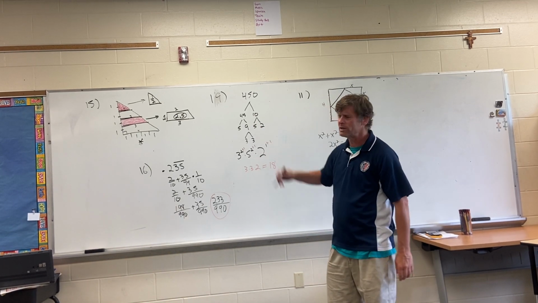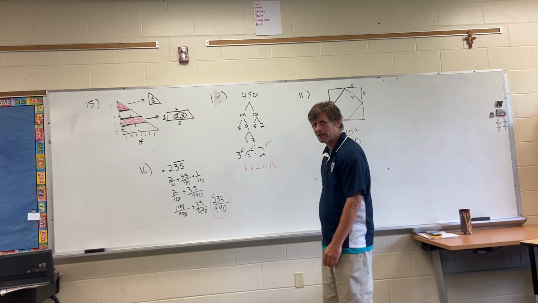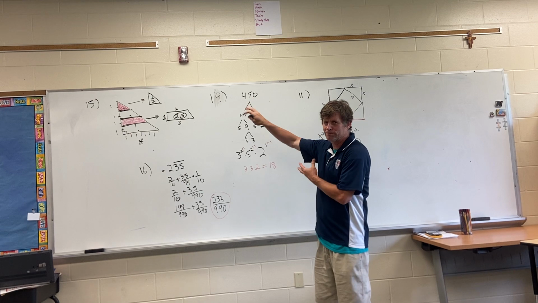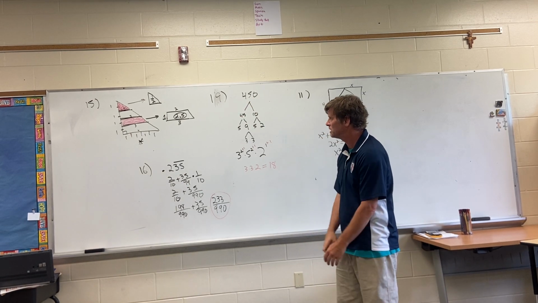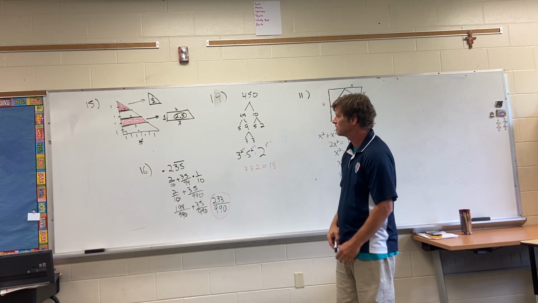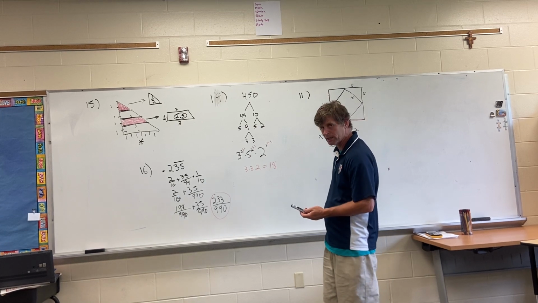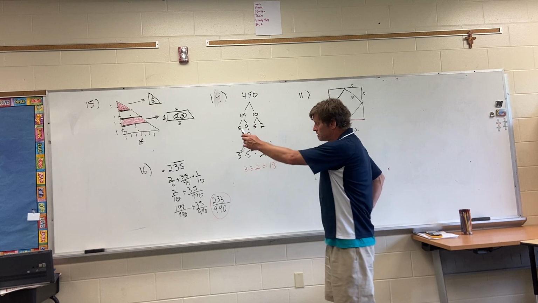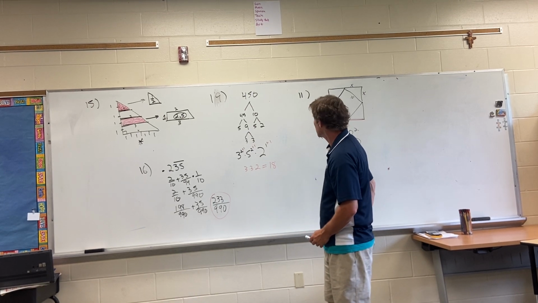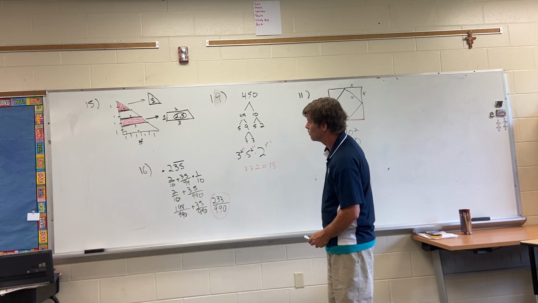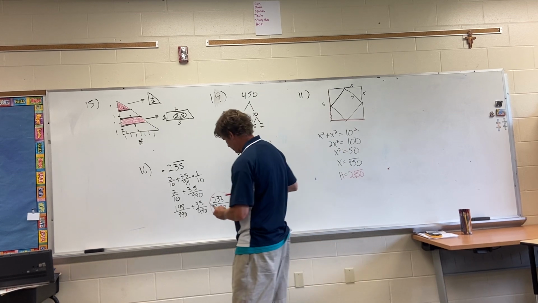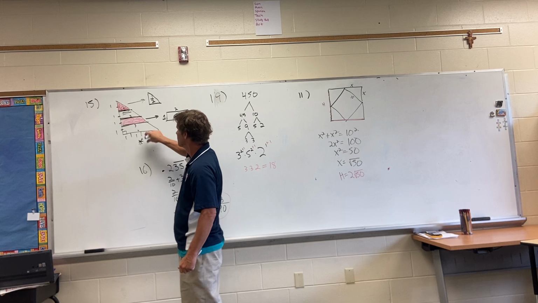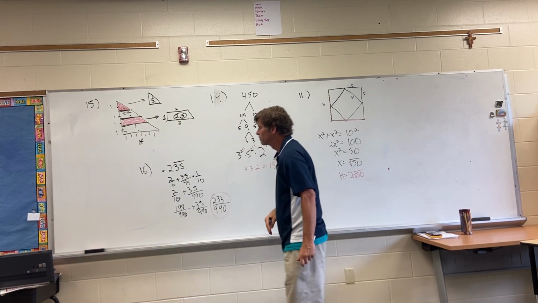One of them was the one that I found on Facebook and just copied and pasted onto my sheet. I didn't color them completely, but it asked, this is number 15, what is the ratio of the blue area, we can kind of call it black area, to the red area.